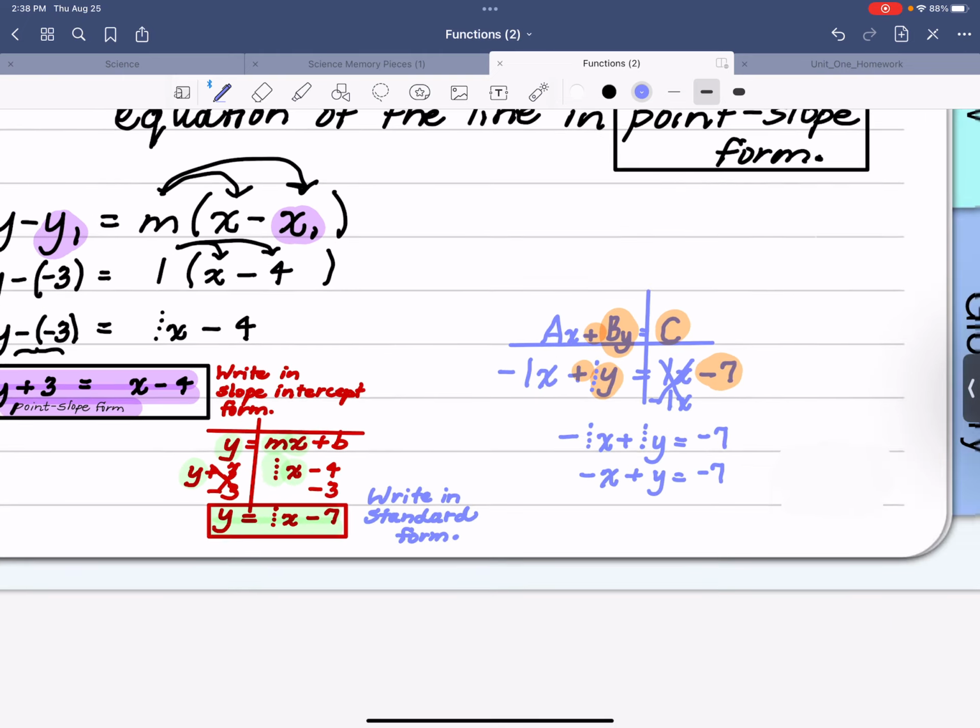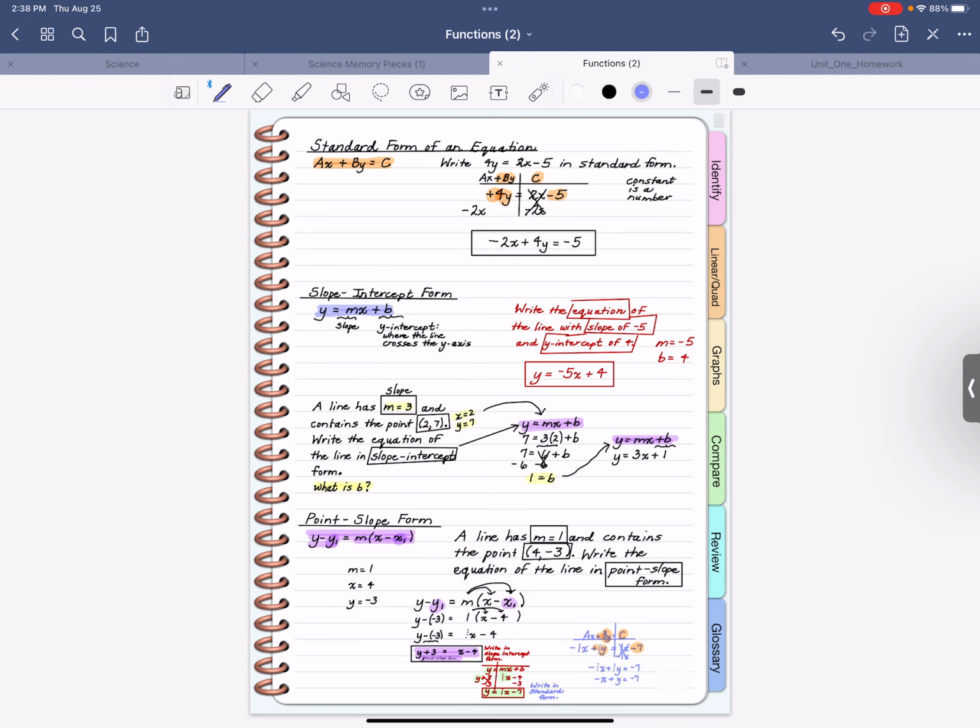Okay. So all of that is related. It's very closely related. It's just a matter of changing the outfit. If you want it in standard, in slope-intercept, or in point-slope, you just have to manipulate the formula till you have what you're looking for.